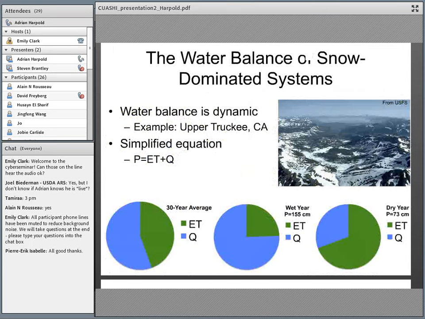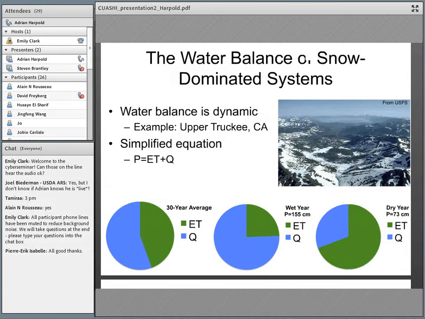And just to wrap your head around what a water budget in one of these systems might look like, this is just one example from my newly adopted home here in the Eastern Sierra, of a site in the South Lake Tahoe region.